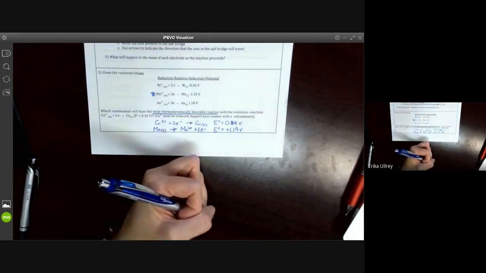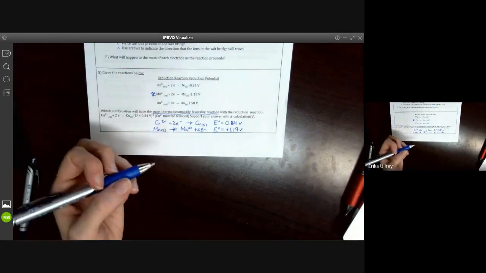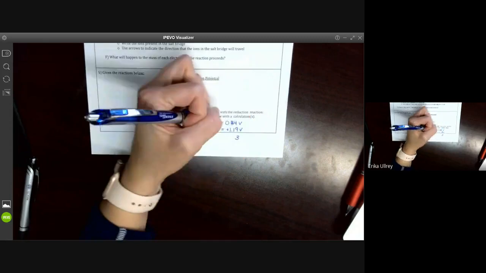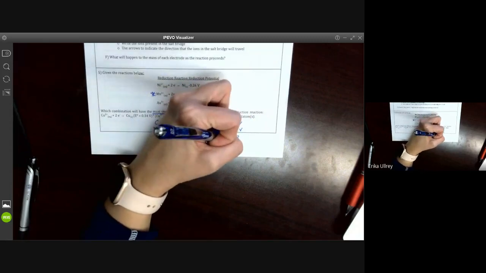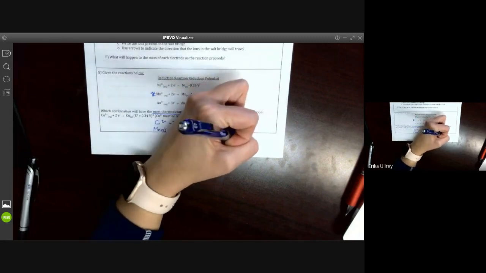When we add that together, that gives us, as Sandra said, the largest possible total, a positive 1.53 volts. Good. So we would choose manganese.